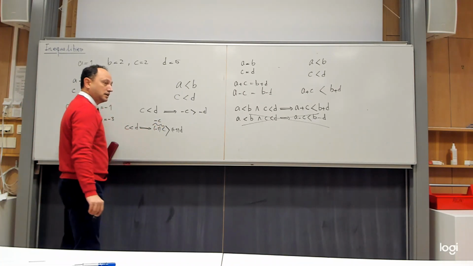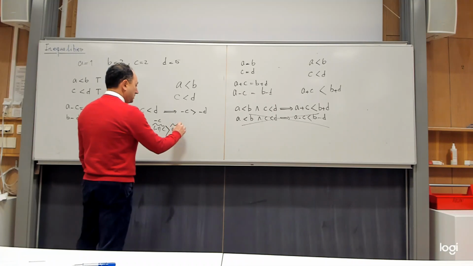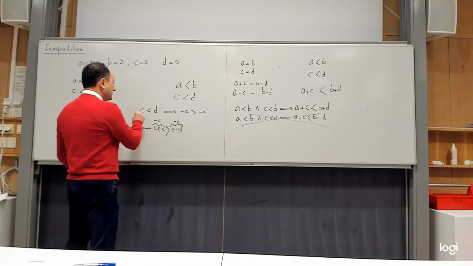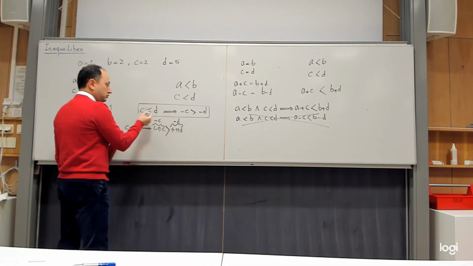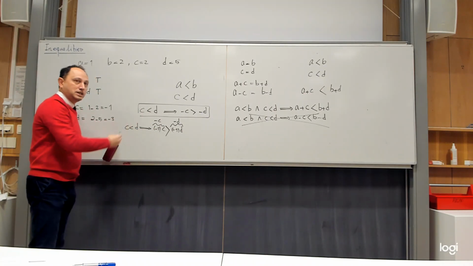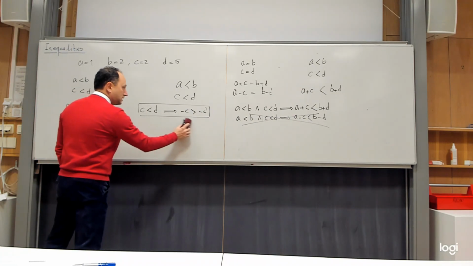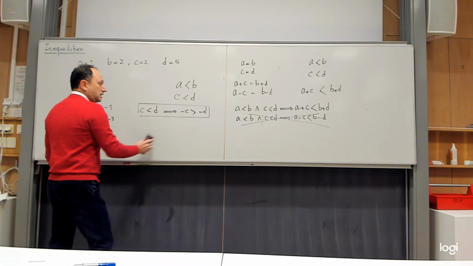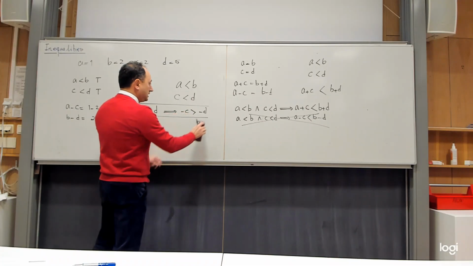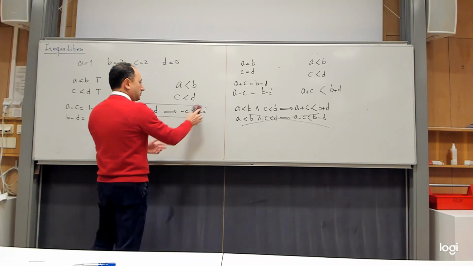It's minus C. Minus 1 times D has a better name, and that's minus D. So hopefully this should be a matter of seconds for you to understand from now on that if C is less than D, minus C is greater than minus D. Understandable? But can I write this in the language of less than instead of greater than?